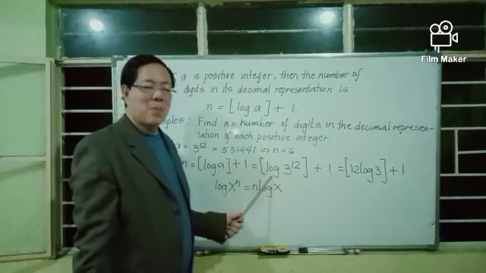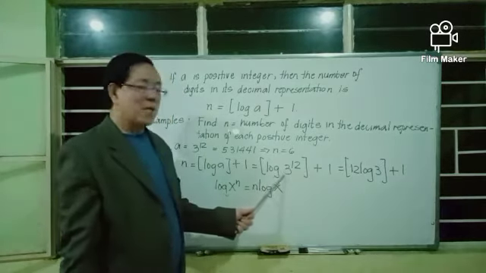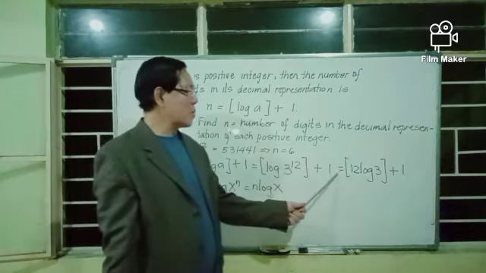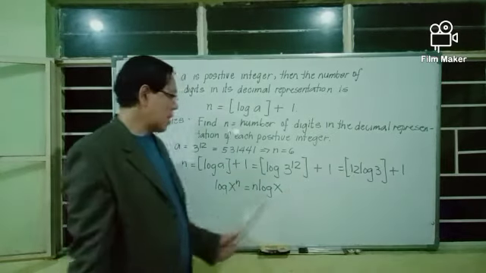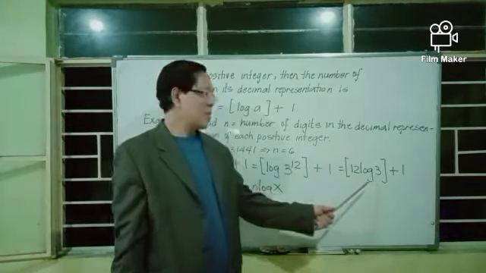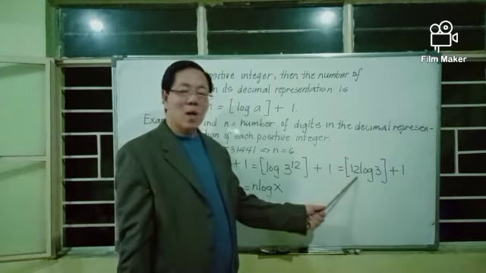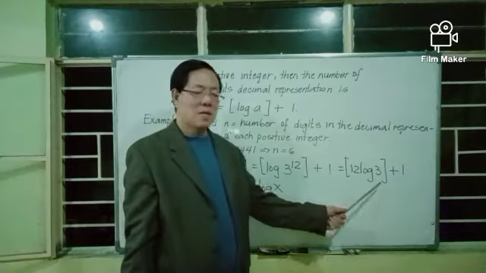Again, by property of logarithm, the floor of the logarithm of 3 to the power 12 is equal to 12 times the logarithm of 3. And this is what we will compute in our calculator, 12 times the logarithm of 3.